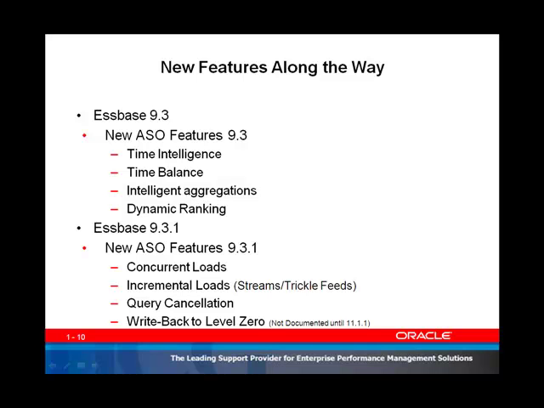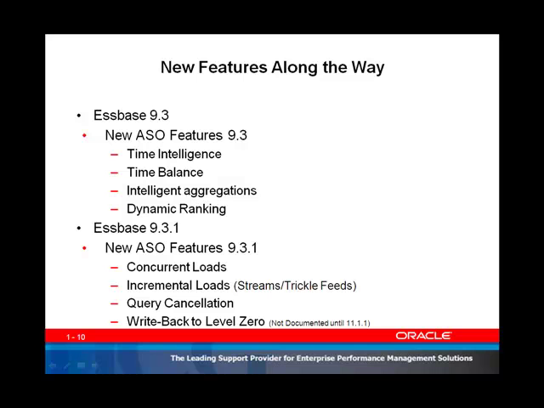In the Essbase 9.3.1 release now, which was an Oracle release, some additional functionality was added. These included concurrent data loads, which allow multiple load buffers to exist on an ASO cube. It allowed you to load data simultaneously and use multiple data buffers.